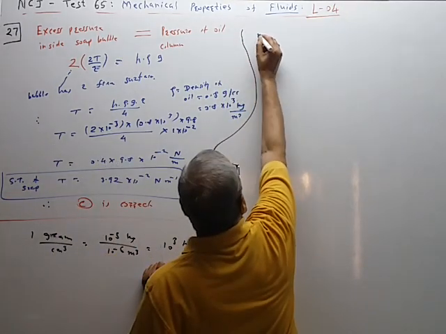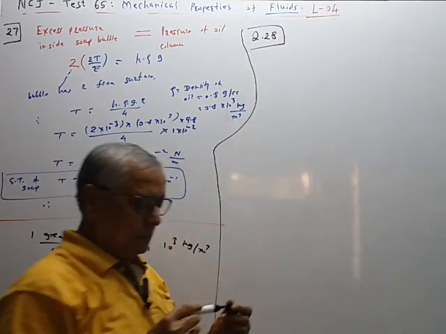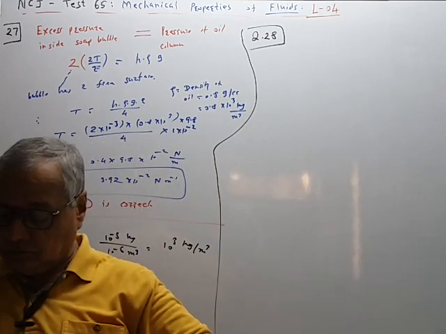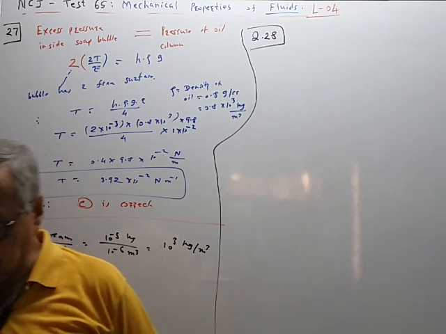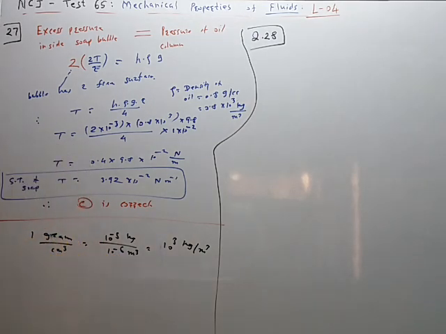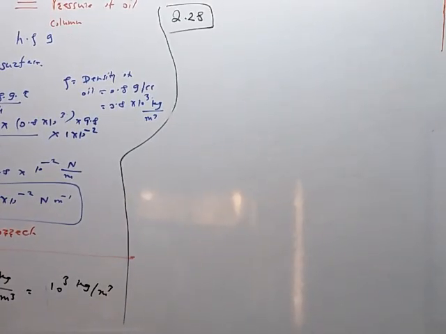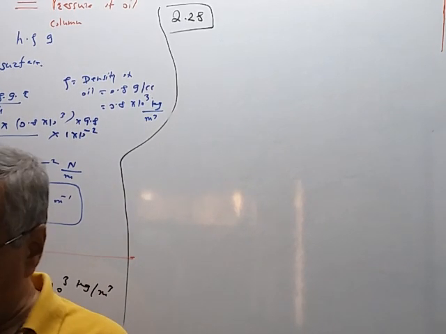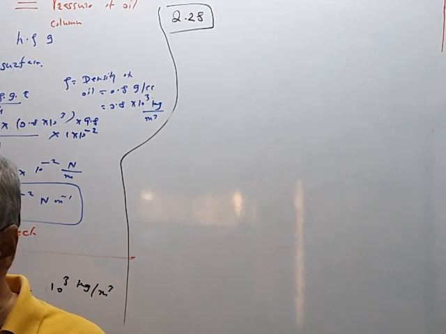Then question number 28. The excess pressure inside a spherical drop of water is 4 times that of another drop.